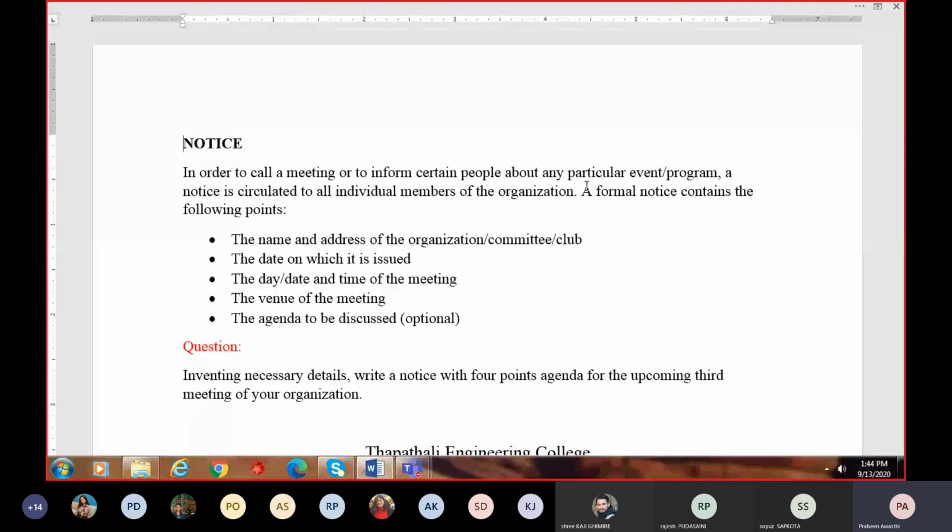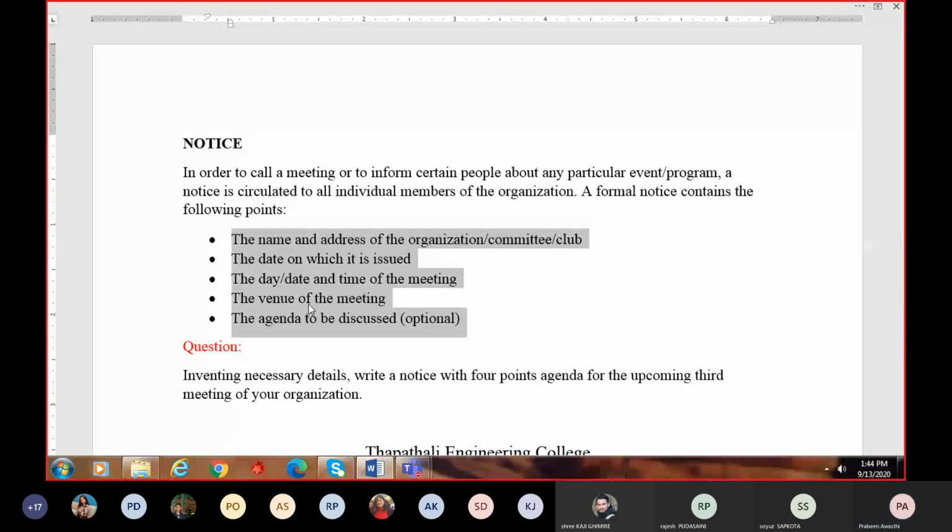A formal notice contains the following elements. It doesn't matter why you are writing a notice, but your notice must include these elements. First, the name and address of the organization, committee, or club. If you are getting your notice printed on a letter pad, then you will not have a problem, the part will be there.